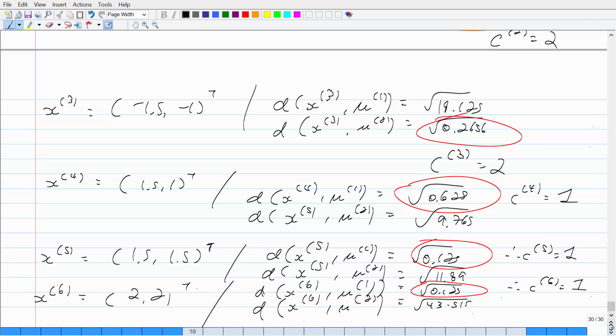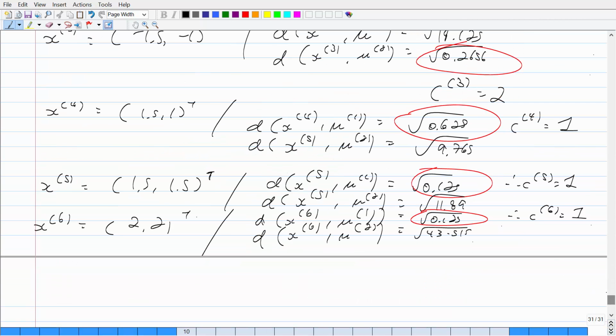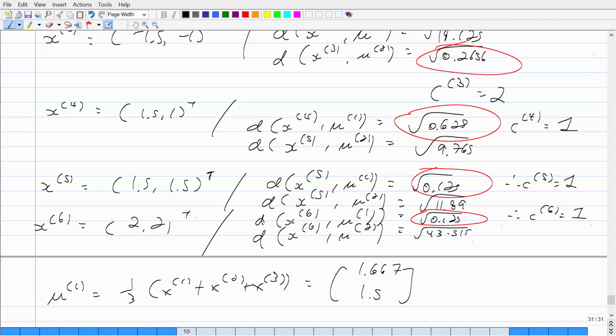Now take a look here: the membership for the fourth example was 2, and now it's migrated back to 1, which is nice. So now if you want to calculate the updated centroids, there are only 3 examples. I'll let you verify that this centroid is equal to 1.667 repeating and 1.5.